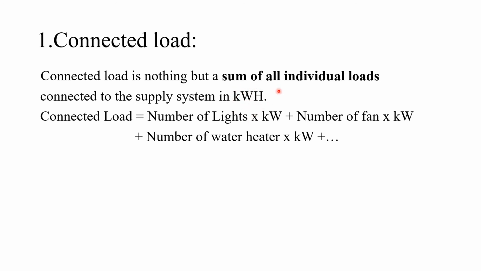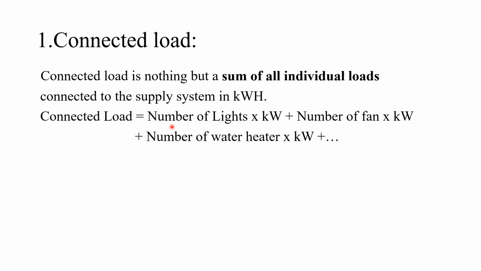We know that in our house there are a number of lights, fans and other electrical equipment, and we can calculate the connected load in our house. The connected load means the sum of all points connected to the supply system. That is the connected load of our home.